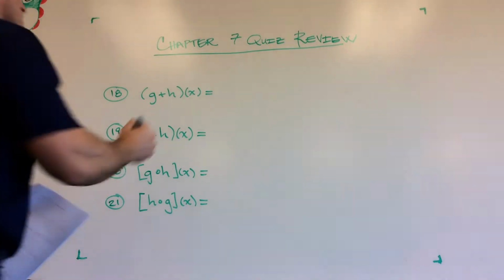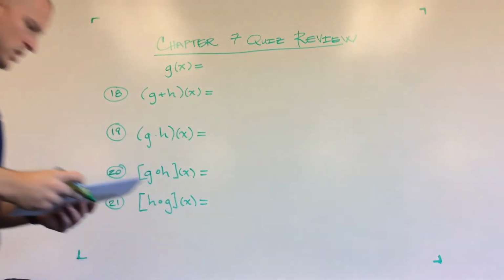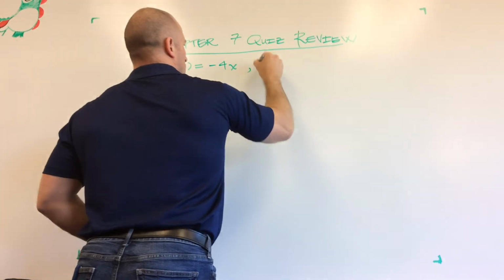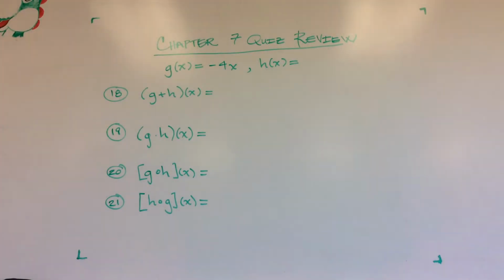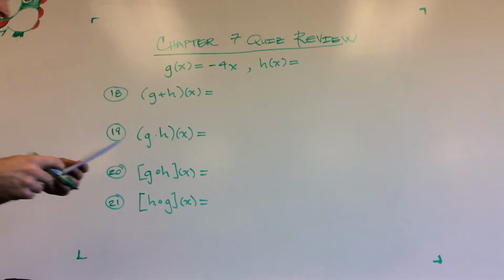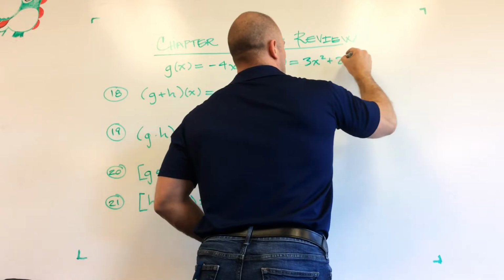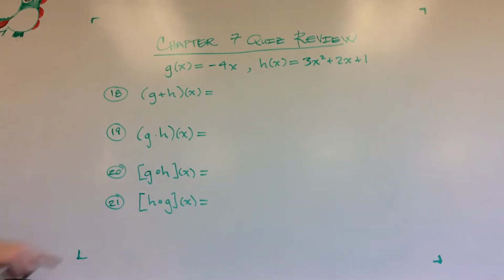And the new g for these problems is going to be negative 4x. The new h of x is 3x squared plus 2x plus 1.